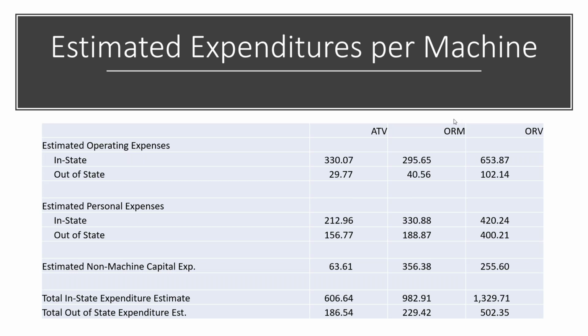And for off-road motorcycles, in-state per machine about $983 and out-of-state about $229. And for side-by-sides, in-state about $1,330 and out-of-state about $502. That's significant.